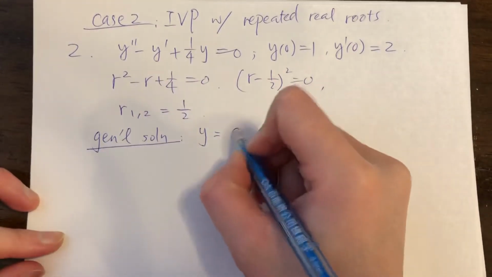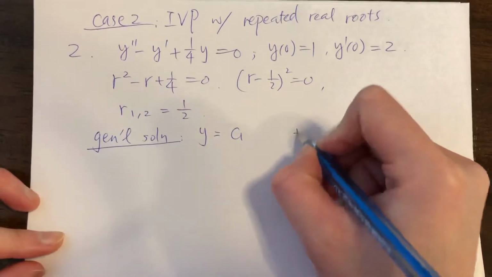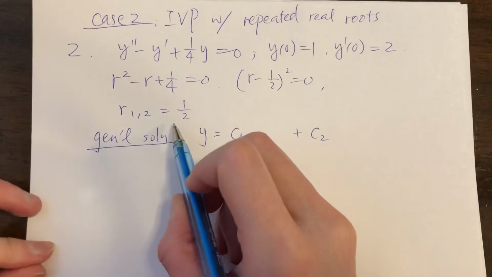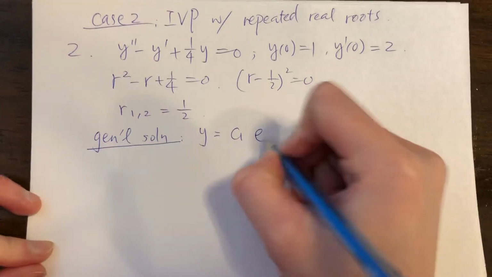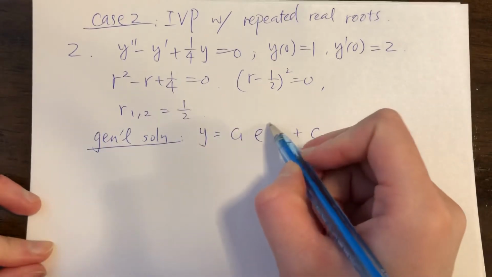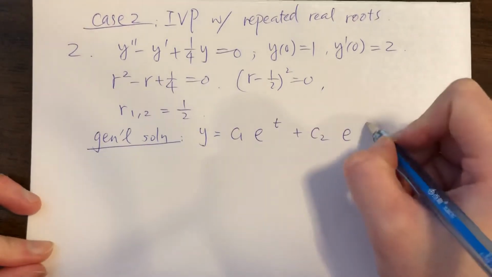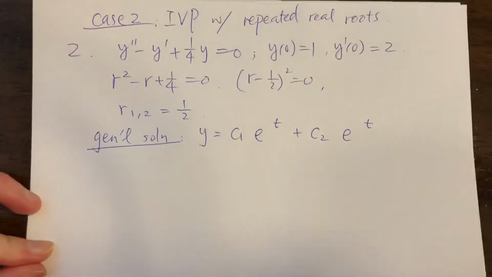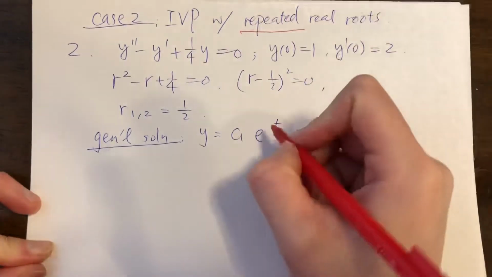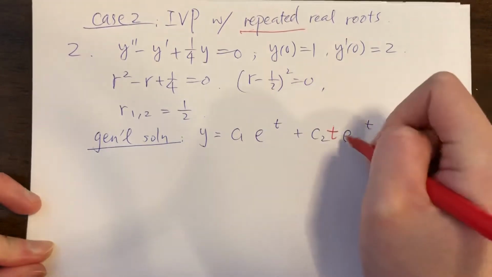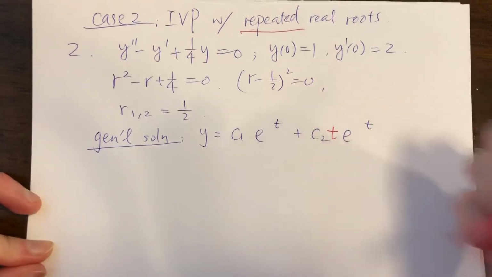So we know the general solution is like C1 e to the something plus C2 e to the something, right? So in the previous video, we see that when the two roots are distinct, you just put the roots as the coefficient here, whatever t. But then since it's repeated roots, we will put an extra t for one of the exponentials.